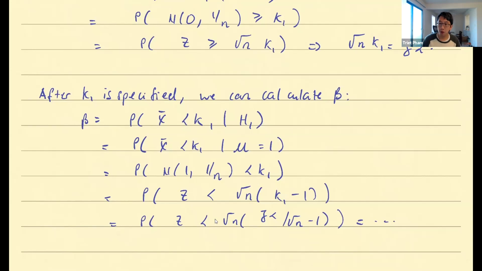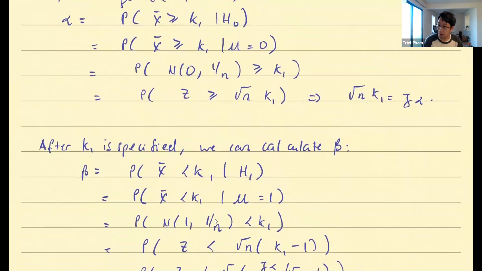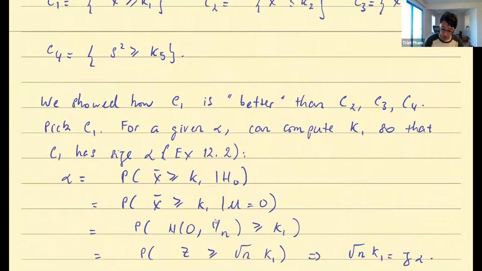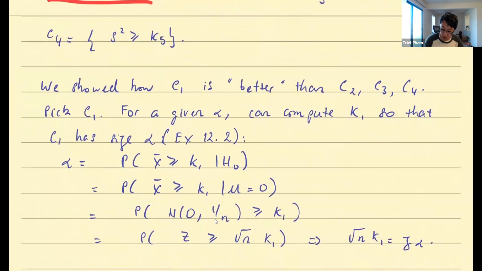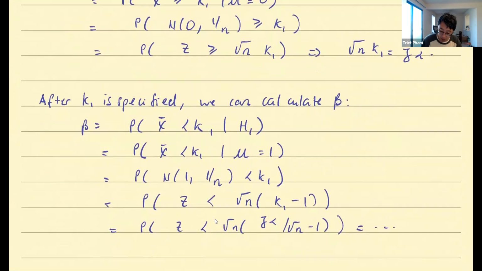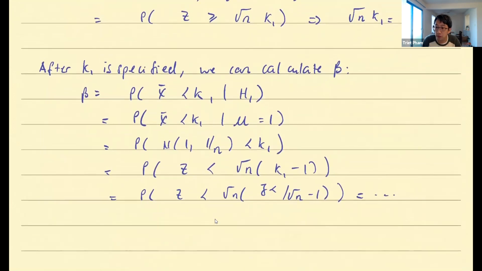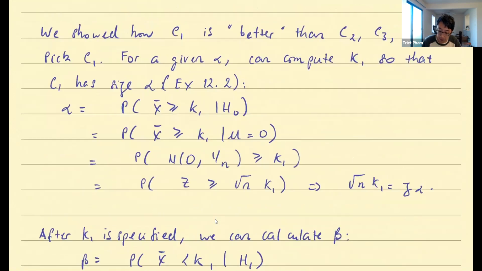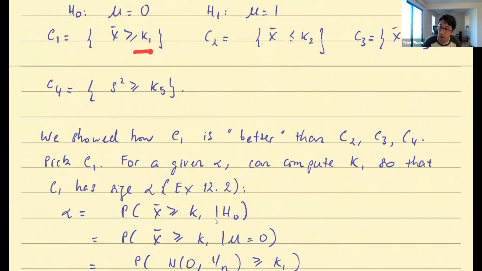So you want to be able to apply this procedure to any other type of sample, with any other population and any type of other rejection region that you may be given. So, given a rejection region, you should be able to perform this task. Is that okay? Now, absolutely, because if you don't specify K, then this rejection region is not completely specified, right?